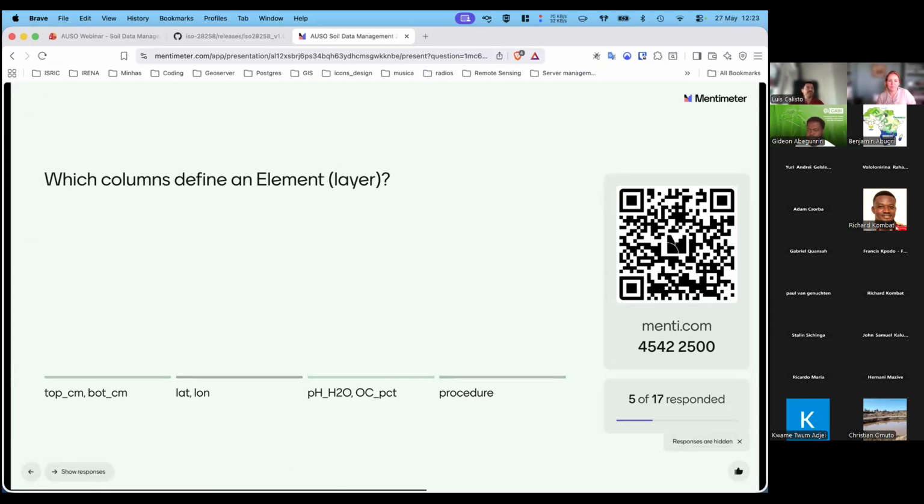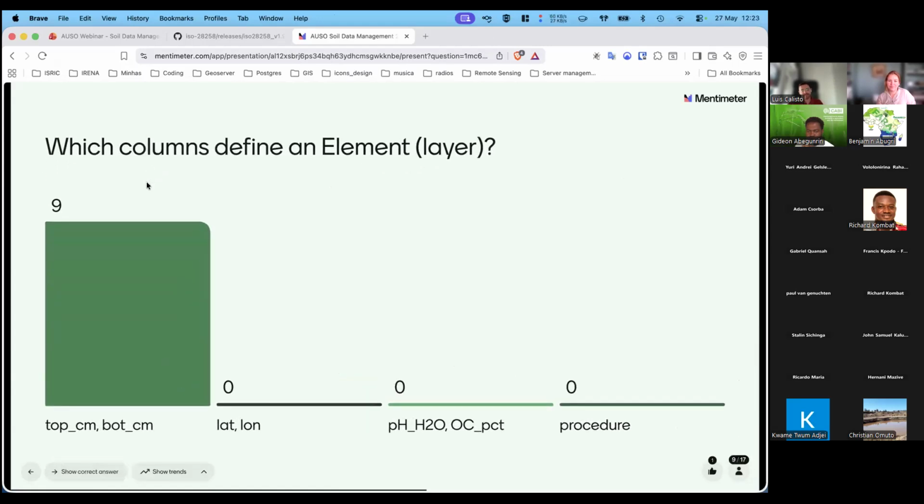I think these ones are quite easy. Okay, so let's see the responses. And everyone answered top and bottom, because a layer is defined by the different depths.